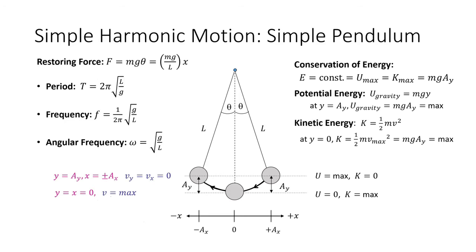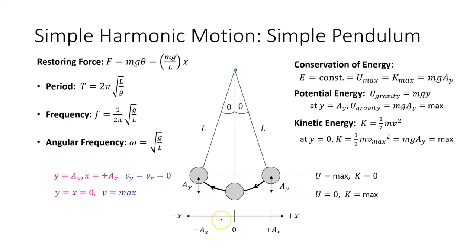Okay, so putting this all together and thinking about conservation of energy, if we know the amplitude of the oscillation in the y direction, so how high the pendulum swings above that equilibrium position, then we can calculate the maximum potential energy. It will just be mg times Ay. And then we know that that must be equal to the total energy at any point in time. So that must also be equal to the maximum kinetic energy at the point in time when the potential energy is equal to 0.